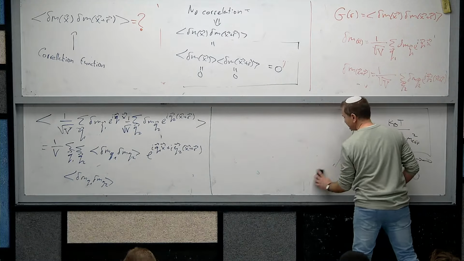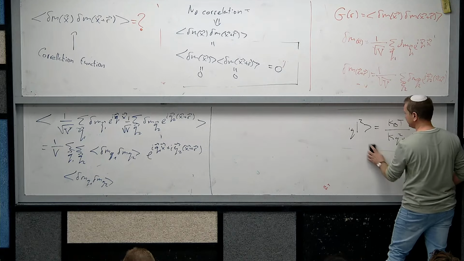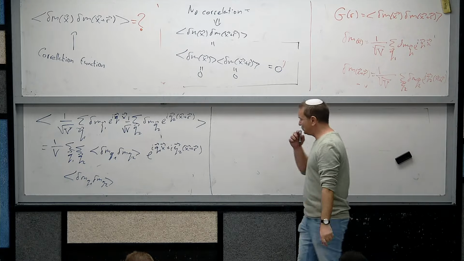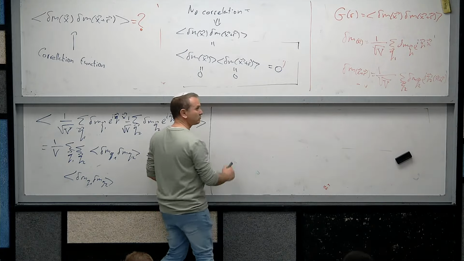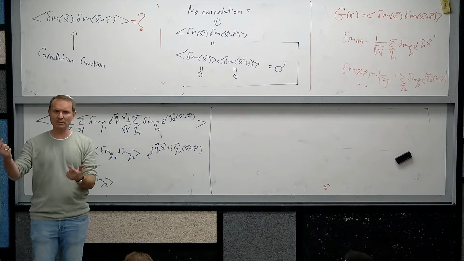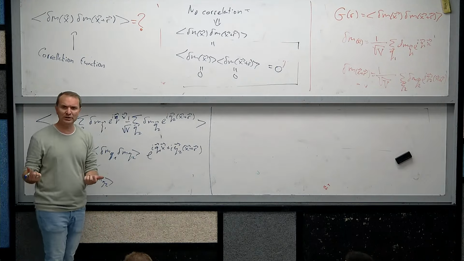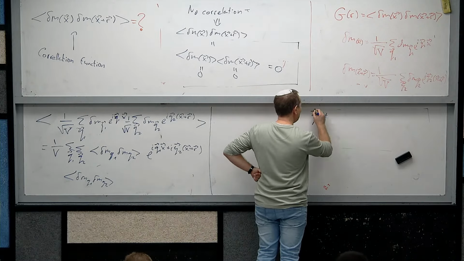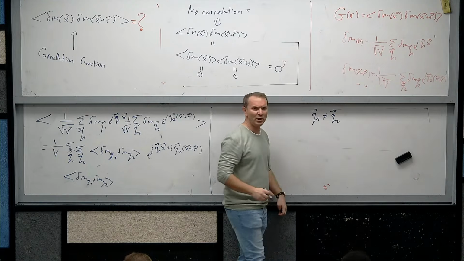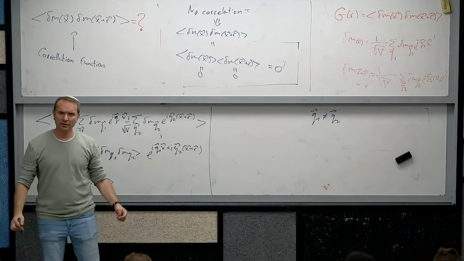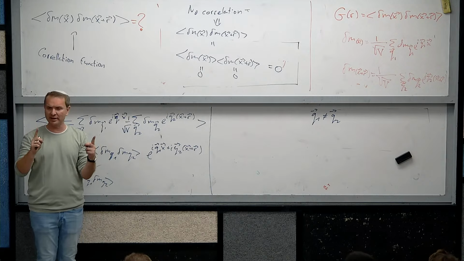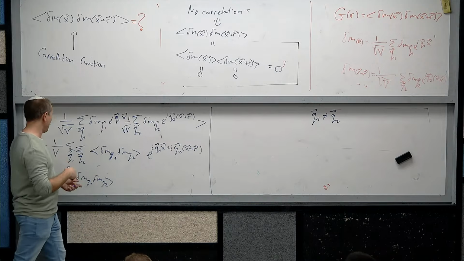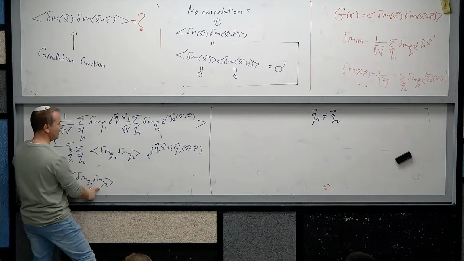So delta m q1 and delta m q2 are completely independent of each other. If q1 does not equal q2, our wave vectors are not the same, and those are two independent Gaussian random variables.